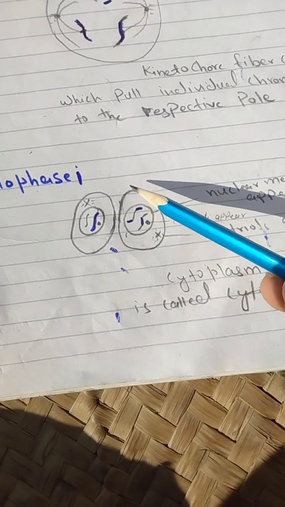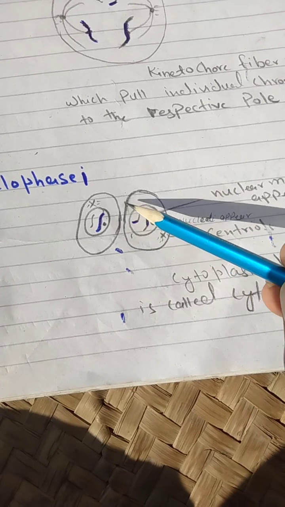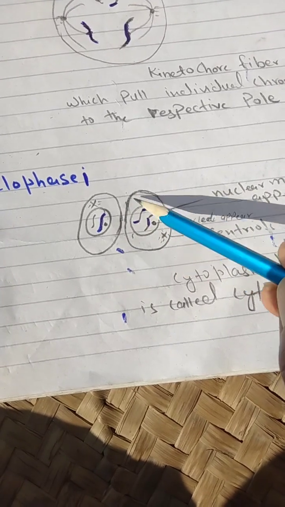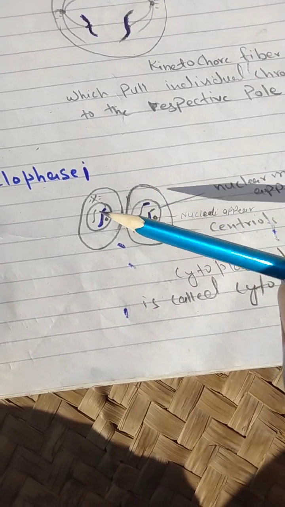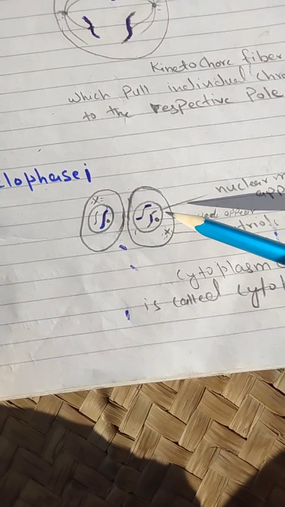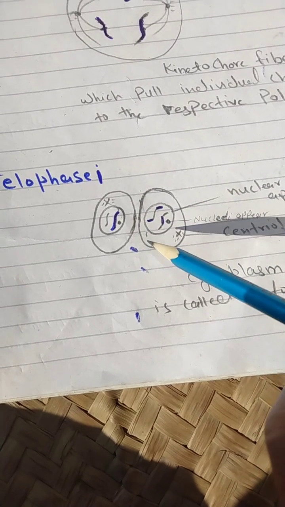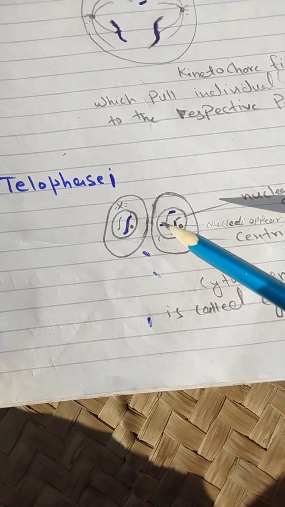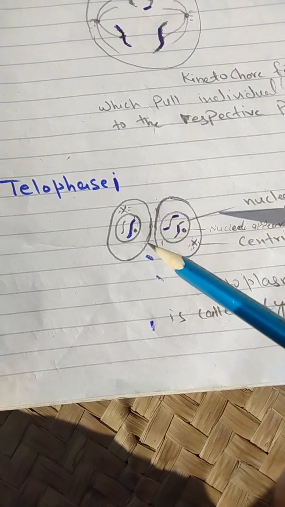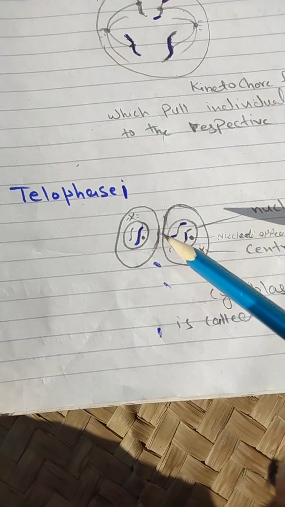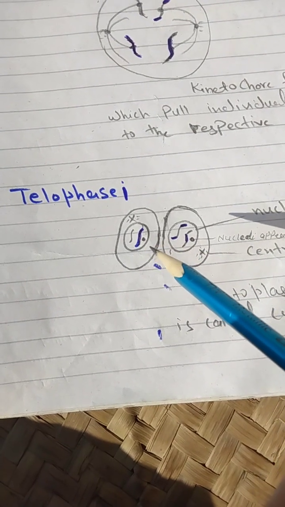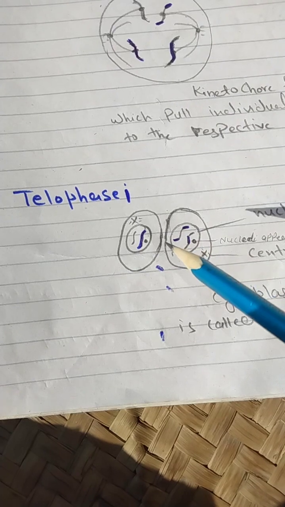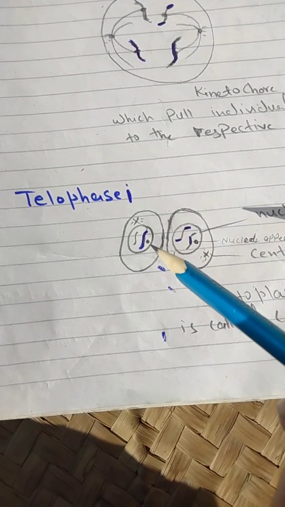The outer membrane of the cell invaginates and the cytoplasm divides. But complete division has not taken place here, because diploid chromosomes are present here, not haploid chromosomes.